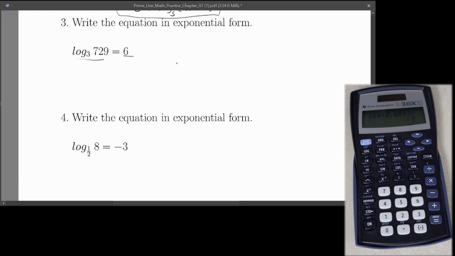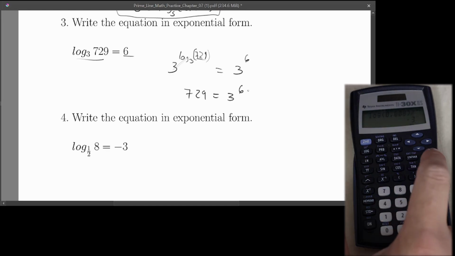We'll take 3 to the power of log base 3 of 729 equals 3 to the 6th power. The 3 to the log of this cancels out, and we're left with just what's inside the parentheses. We get 729 equals 3 to the 6th power.